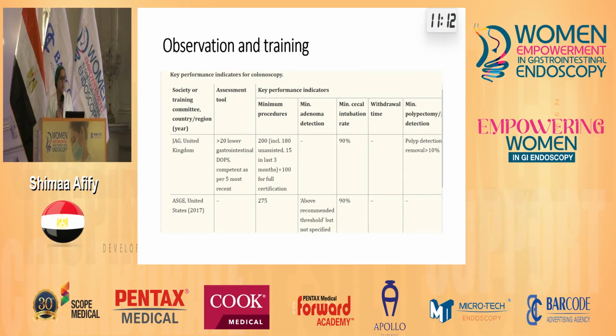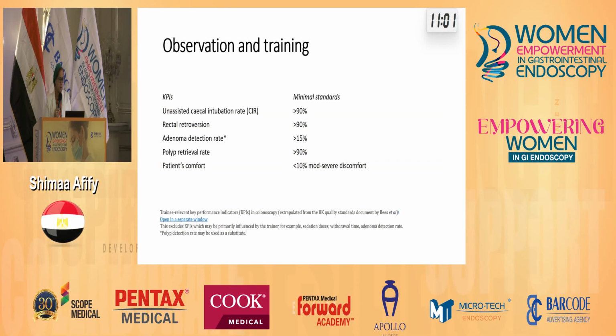The minimum procedure number was 200 according to the UK guidelines, and 275 according to the American guidelines. The KPIs also include an unassisted cecal intubation rate of more than 90%, rectal retroversion of more than 90%, and an adenoma detection rate that should be over 15%, and in some papers 20%.